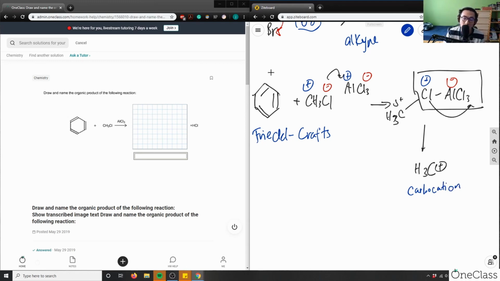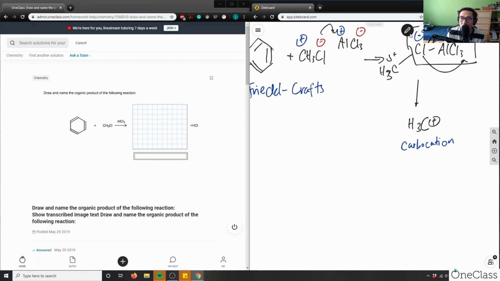I have a resonance stabilized, electron rich benzene here. So the carbocation is going to attack one of these bonds and make my Friedel-Crafts product. I'm going to draw that. I made the carbocation, which is positively charged.